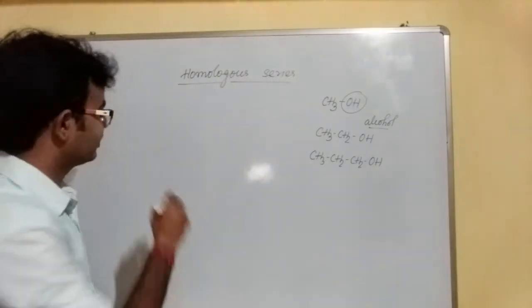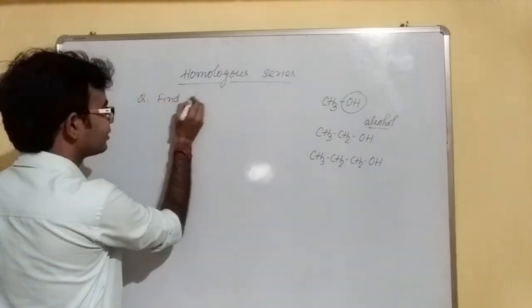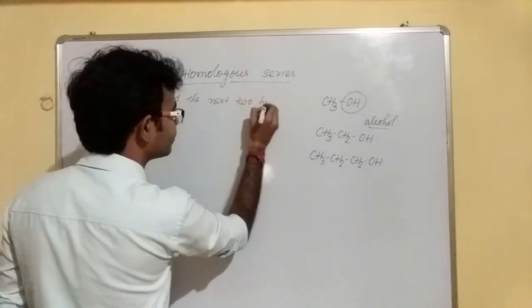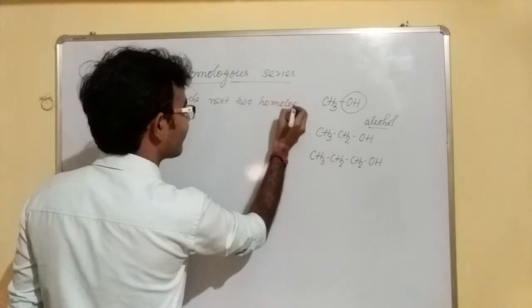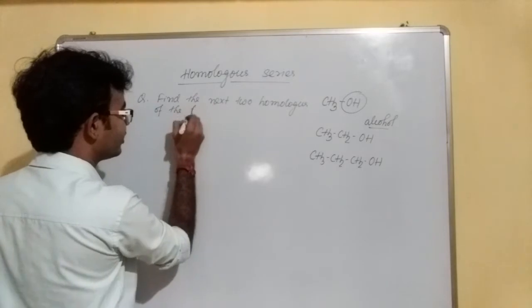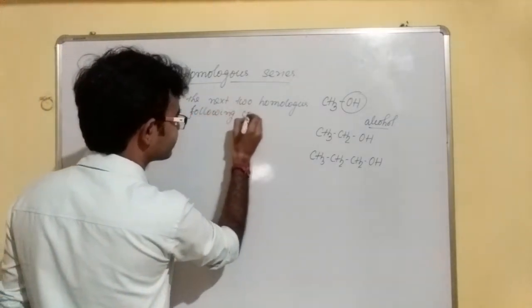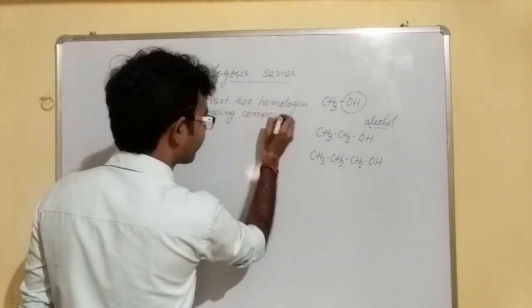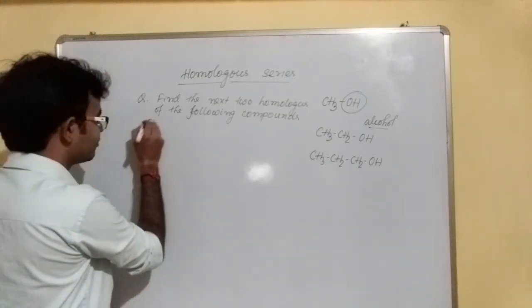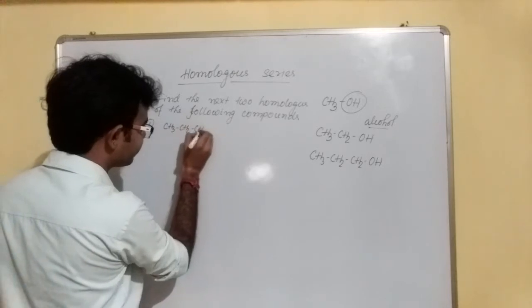Okay. Now next question. Find the next two homologous of the following compounds. Number 1, CH3CH2CH3.